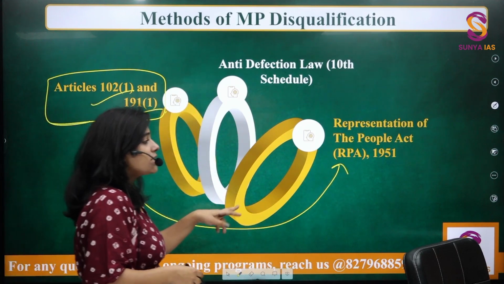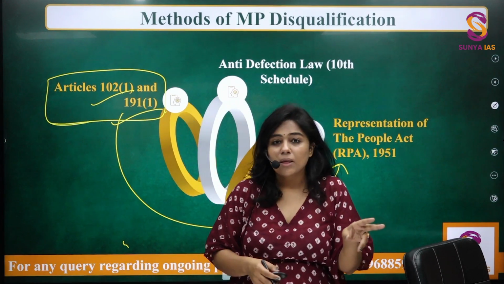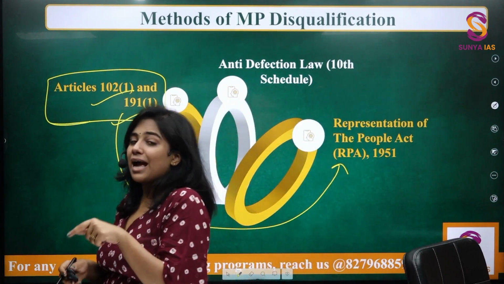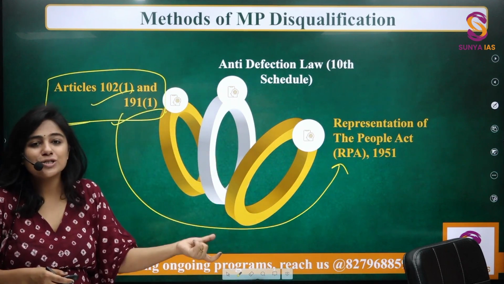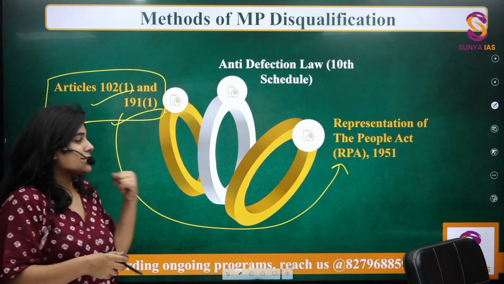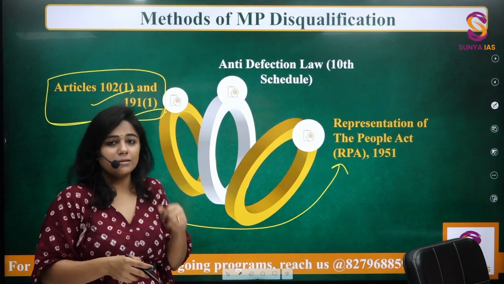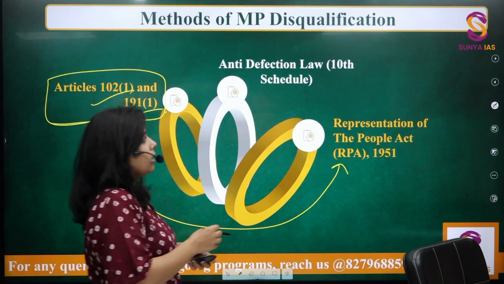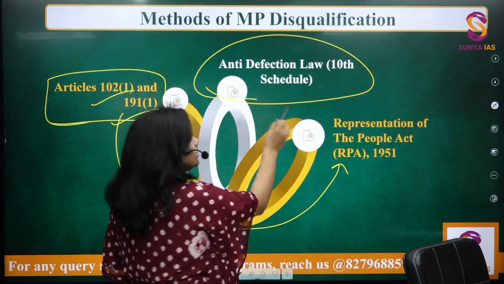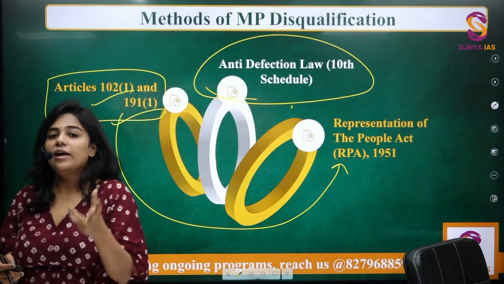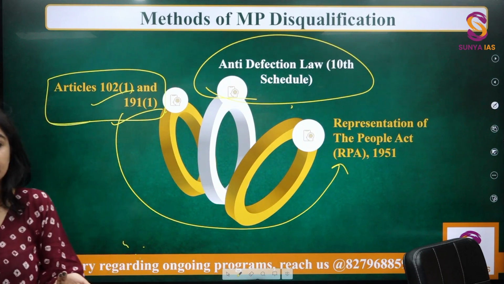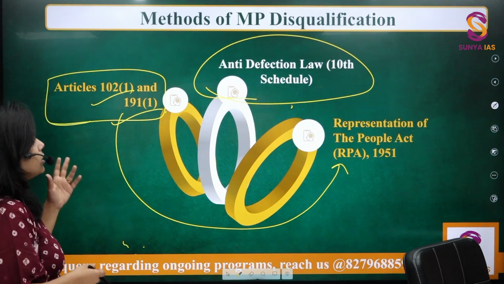And there was a full-fledged question on the Representation of the People Act on what is the procedure for disqualification of legislators under it. And the anti-defection law, that is the Tenth Schedule, is another way of disqualifying a particular candidate. Okay, so these are the methods.